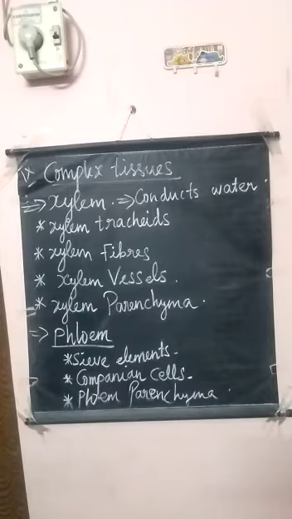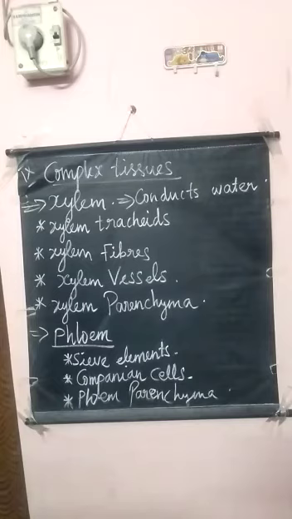Xylem is composed of xylem tracheids, xylem fibers, xylem vessels and xylem parenchyma. I gave you these small points about xylem.